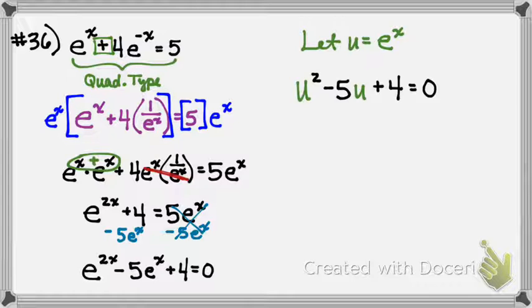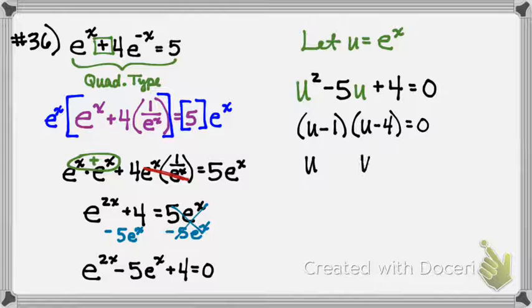How would that factor? Negative 1 and negative 4. u minus 1, u minus 4 equals 0. So what does u equal? 1 and 4. Are we finished?